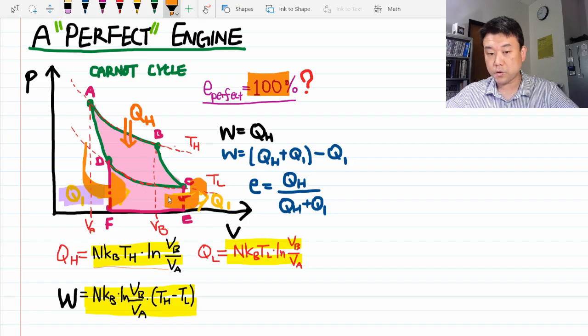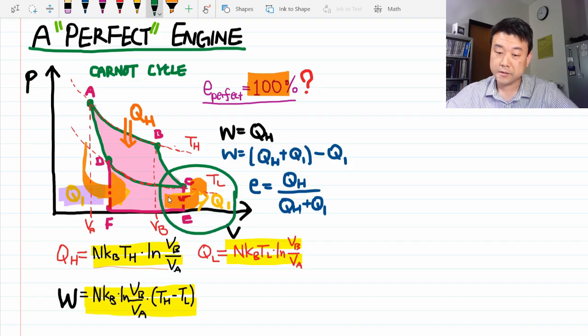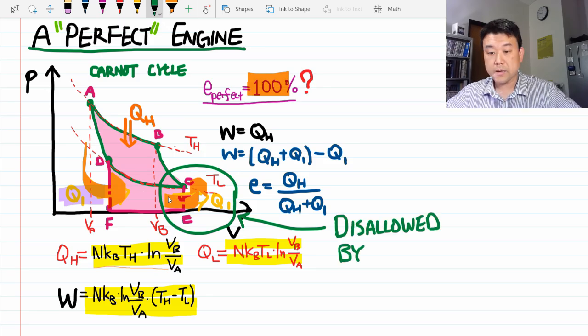The minus Q1 here cancels out the plus Q1 here. Now, unfortunately, this process here is what is forbidden by the Clausius statement of the second law of thermodynamics. Heat never spontaneously flows from low temperature to high temperature.